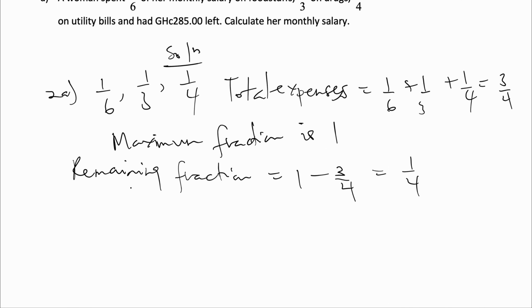Now what we are saying is that the remaining fraction is equivalent to the remaining amount. So then the total fraction will be equal to her total monthly salary. So if 1/4 is equivalent to 285 Ghana cedi, then 1 will be equivalent to what?